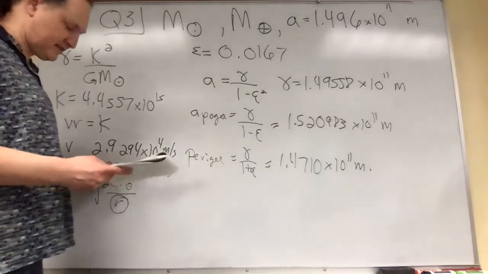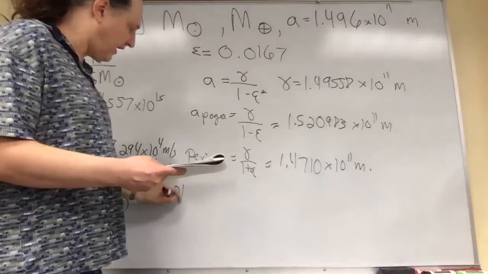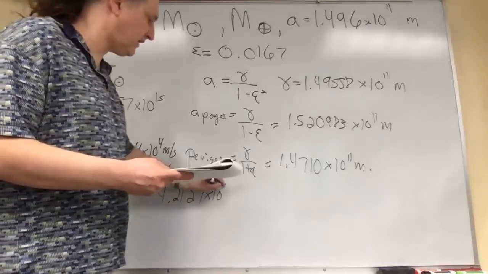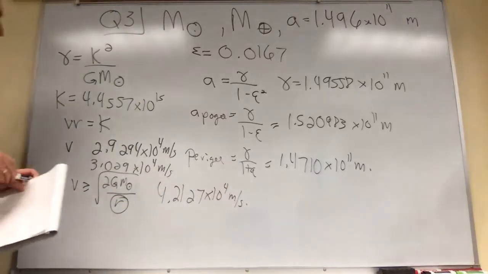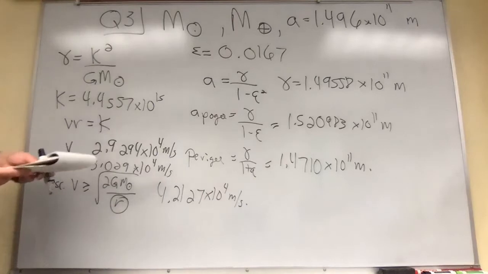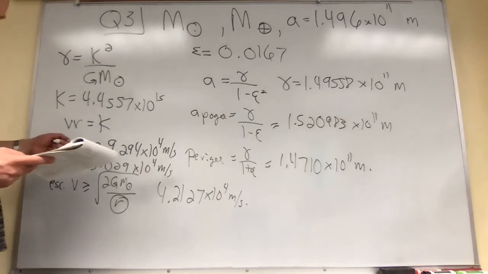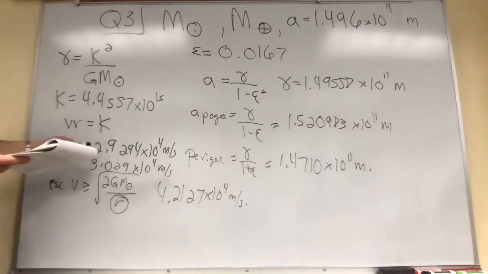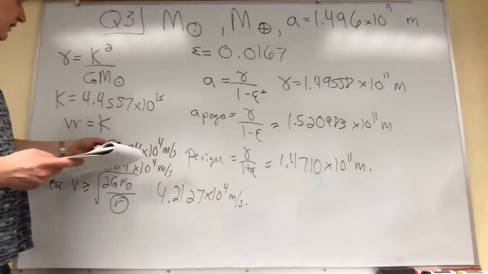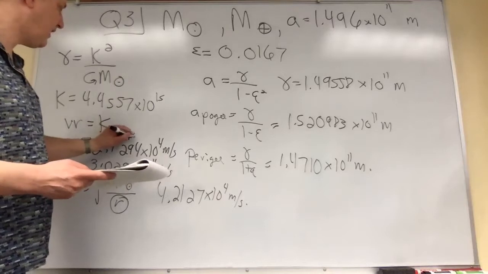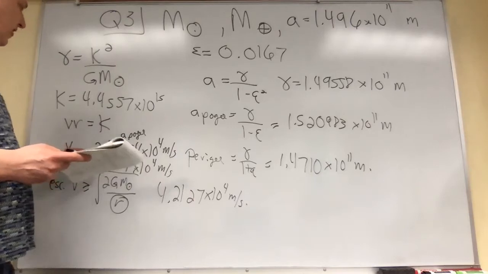I computed this for mean distance because I wasn't being as careful as you guys were. But I do respect completely that many of you were being careful, and I appreciate that a lot. And so what we look at then, the velocity is lower at apogee, and this is at perigee.